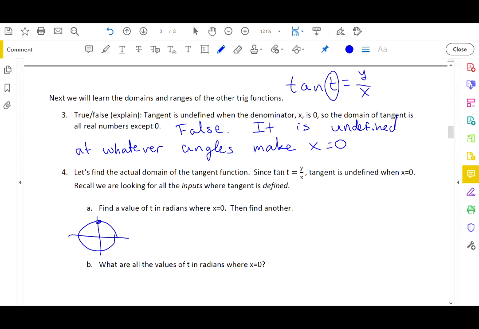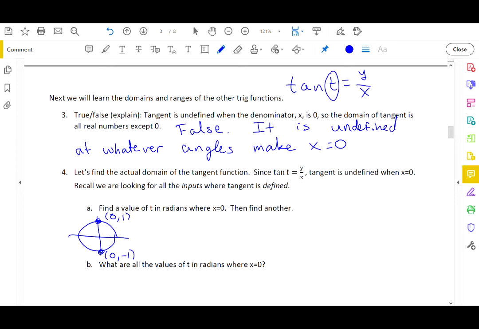X equals 0 at these 2 points. Oops, that was wrong. Let me undo that. Did you spot my mistake? This is 0, 1, and this is 0, negative 1. That's at the bottom. All right, so those are the 2 points where x is 0.